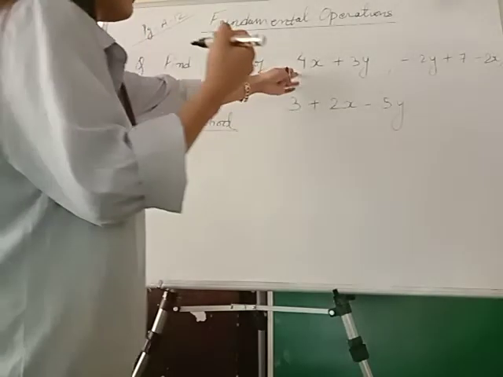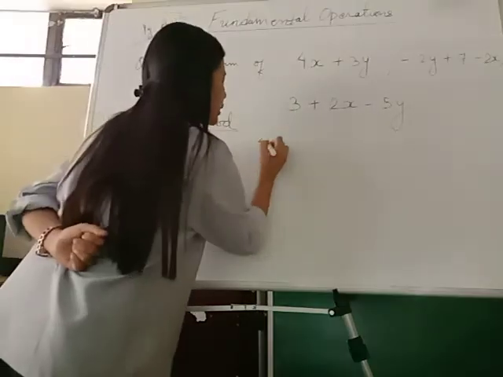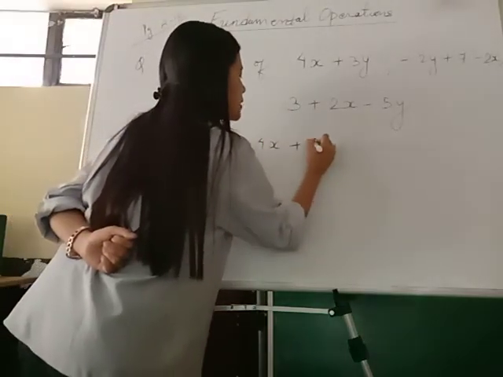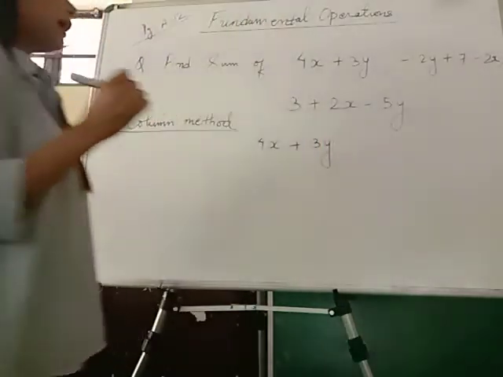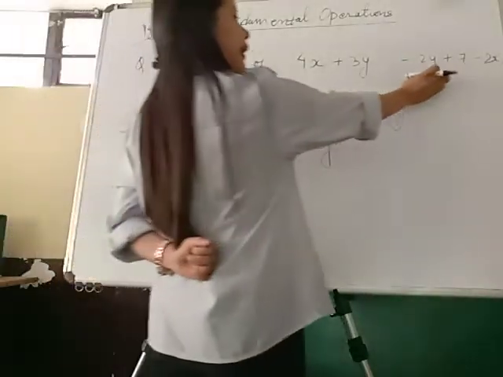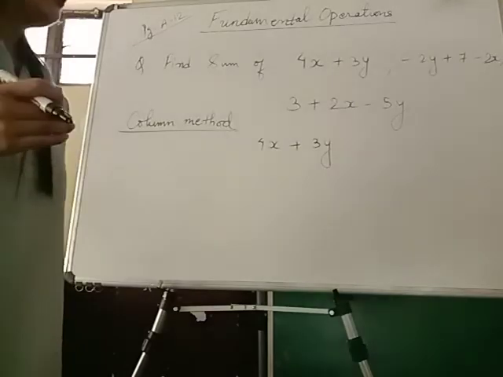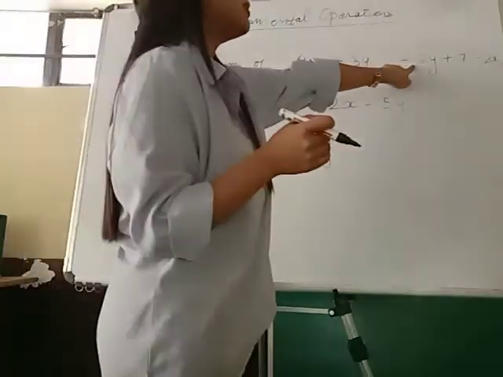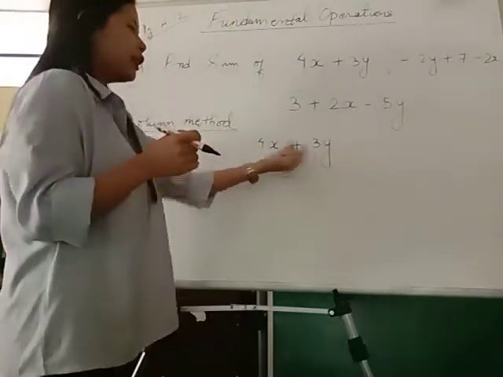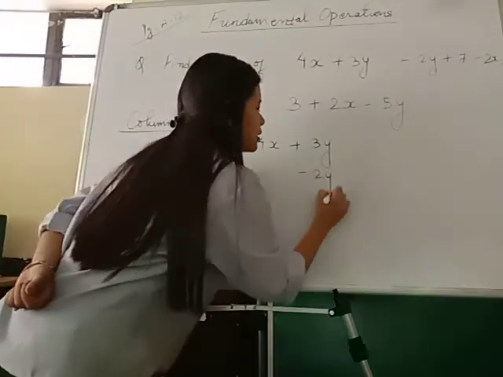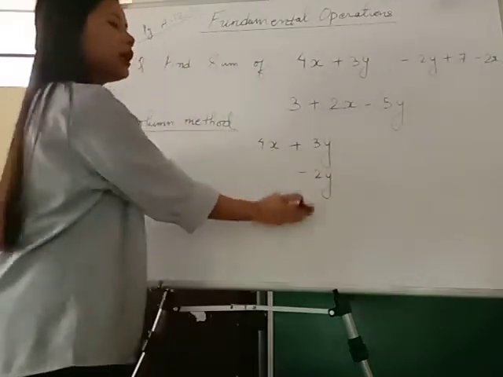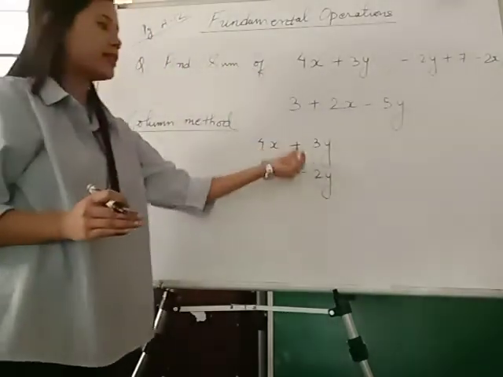So for this let us first write the first algebraic expression, which is 4x plus 3y. Okay, now we have the second expression in which the first term is minus 2y. So we will try to write this term here. Okay, because this 3y and minus 2y are like terms, because they have the same variable.